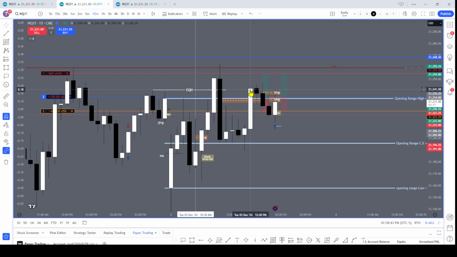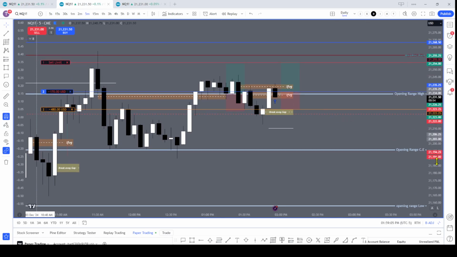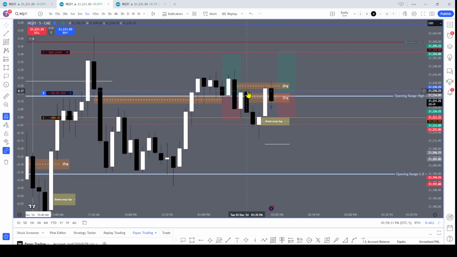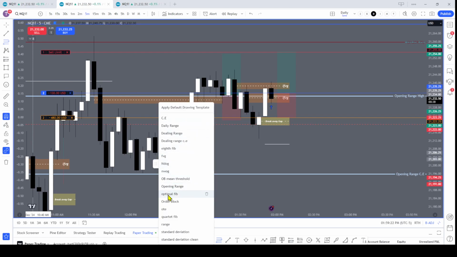After closing a little bit above midpoint of this bearish order block, I'm gonna look at the midpoint of this order block.